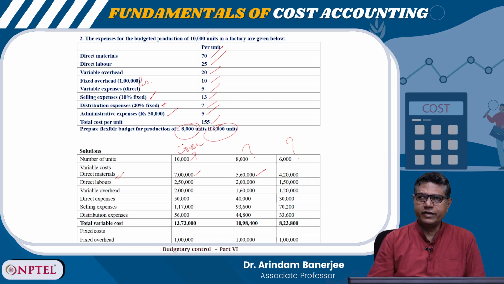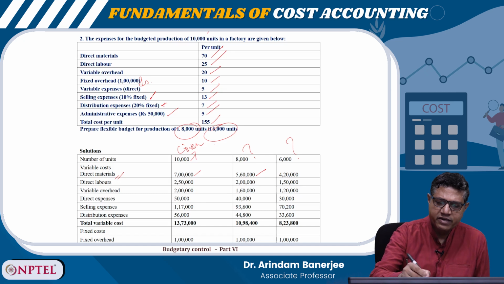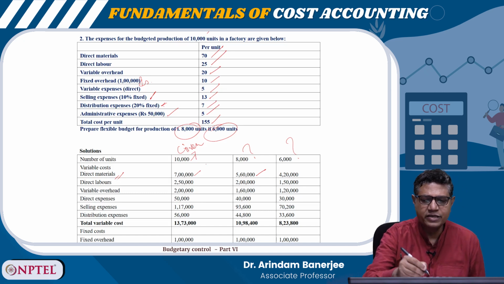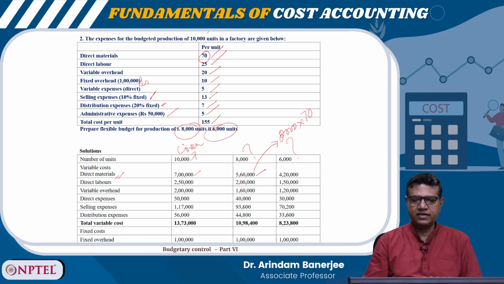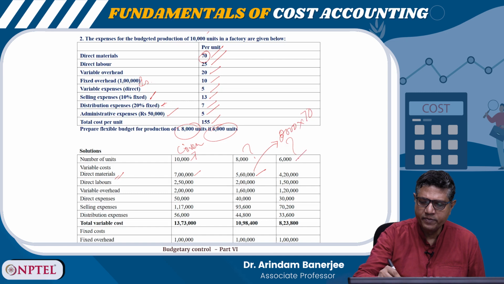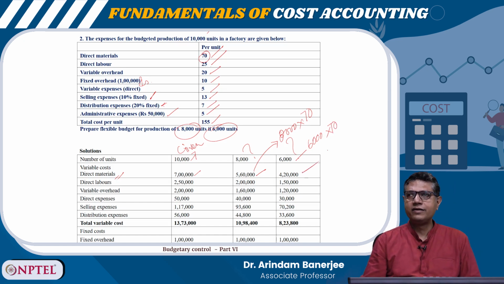We can calculate it: 7 lakh divided by 10,000 is 70. So 8,000 units into 70 comes to 5,60,000, and if you multiply 6,000 units into 70, you get 4,20,000. So these are completely variable costs.